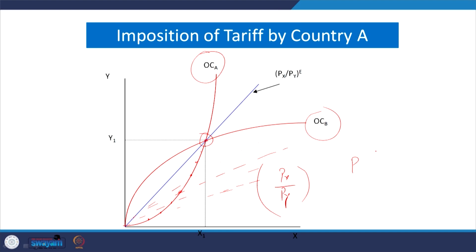So the tariff is imposed on imports, that is, Y is attached with a T term.